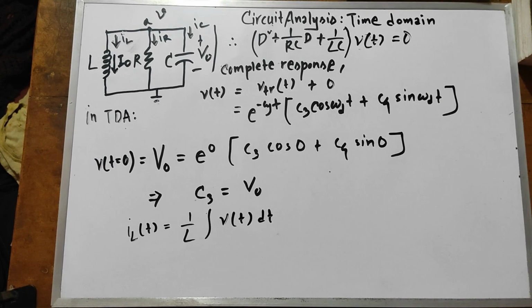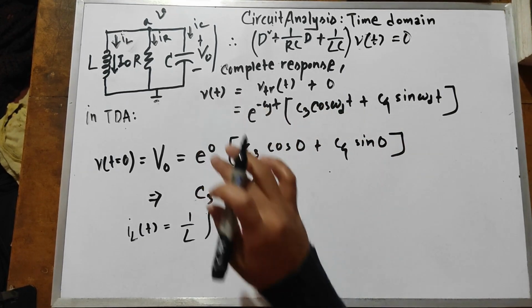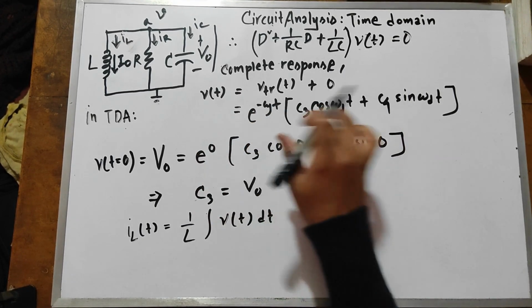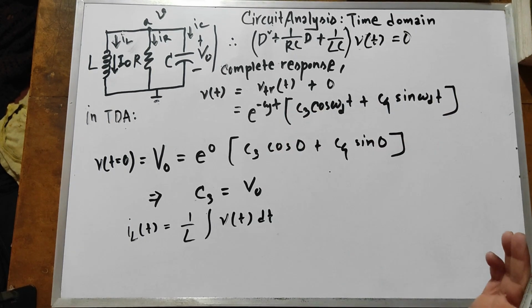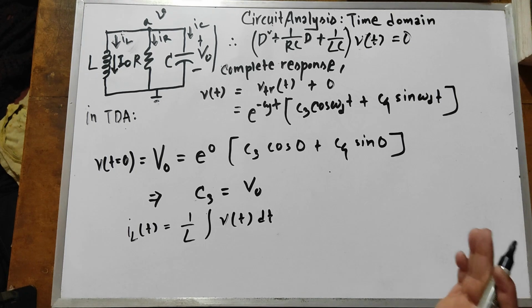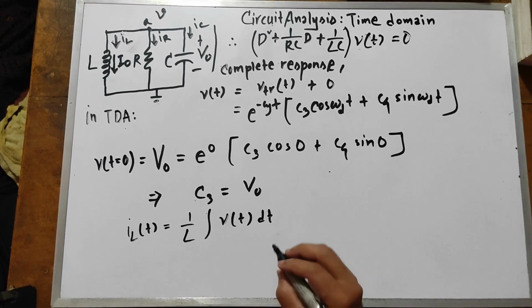So here comes the problem, because this is an integration, and the integral of v(t) has two parts in multiplication form, so the calculation will be a bit long. Regardless, I will do it, no problem.